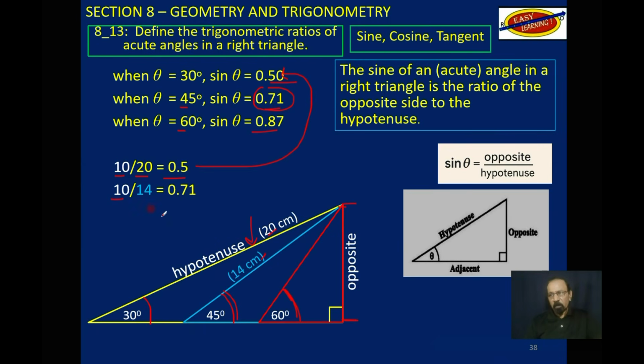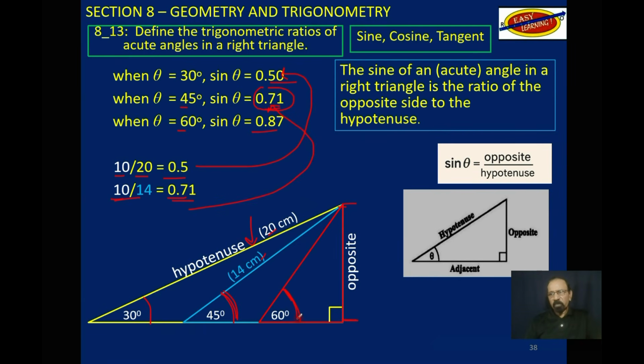So if you divide 10 by 14, you get 0.71. At 45 degrees, the ratio of the opposite to the hypotenuse is 0.71, which is what we had here.